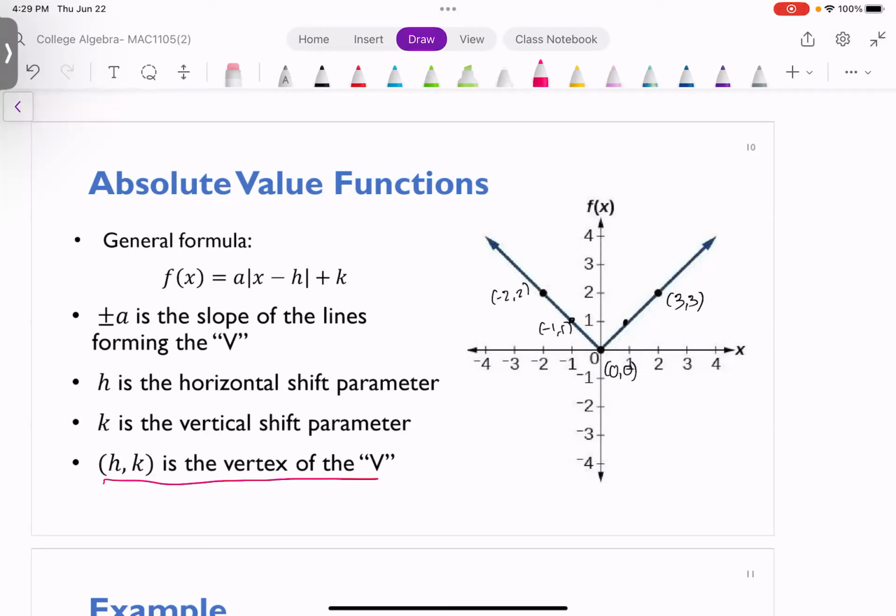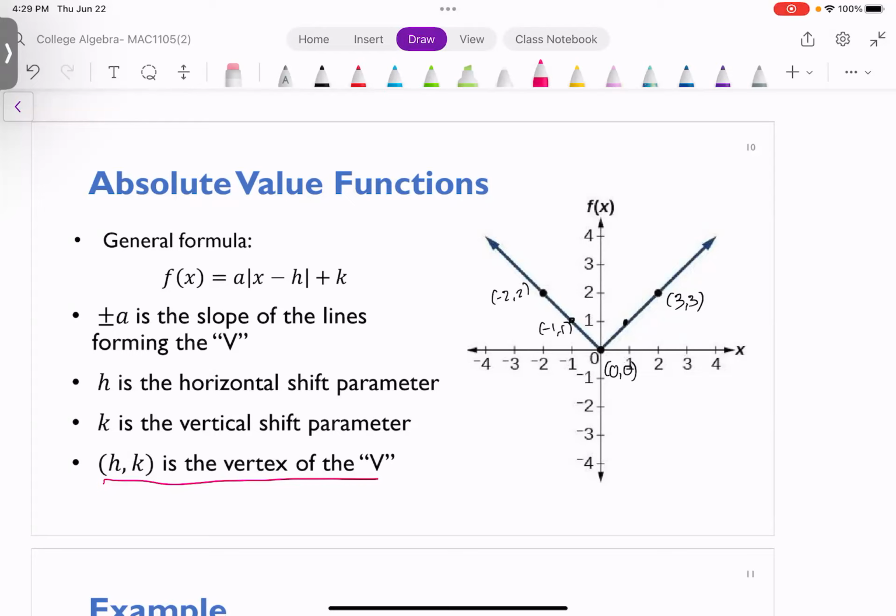It slides that vertex and all the other points up and down. H is our horizontal shift parameter, which slides our vertex to the left or right. It actually slides the entire V to the left or to the right. And a is the slope of the lines that form the V. On the right side, we'll have the positive slope, and on the left side, we'll have the negative slope. And if a is negative, that means it's flipped upside down.